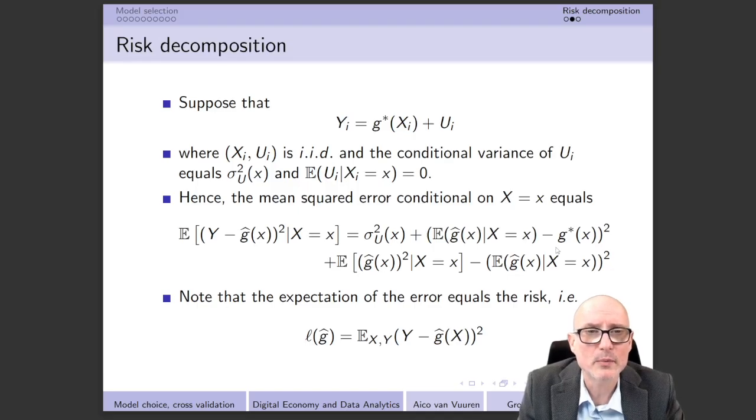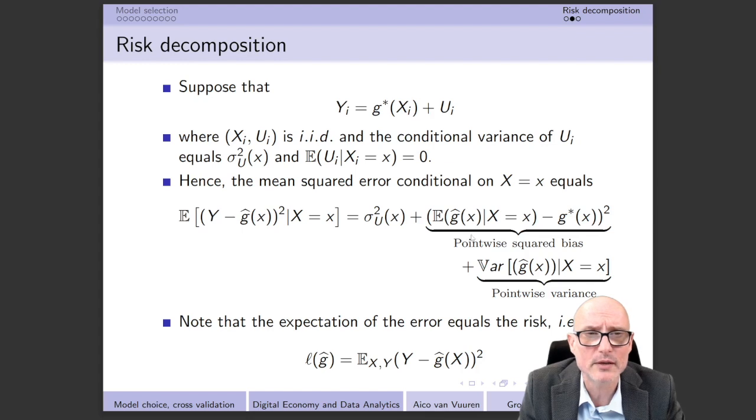Another thing we have to take into account is that this is not really the bias of this estimator as a whole, because this is actually a complete function for any level of x. So therefore we're going to give it a very special name. We're going to call it the pointwise squared bias. This is the pointwise bias based on a particular value of x, not on the full function g that we have over here. We call it the pointwise squared bias.